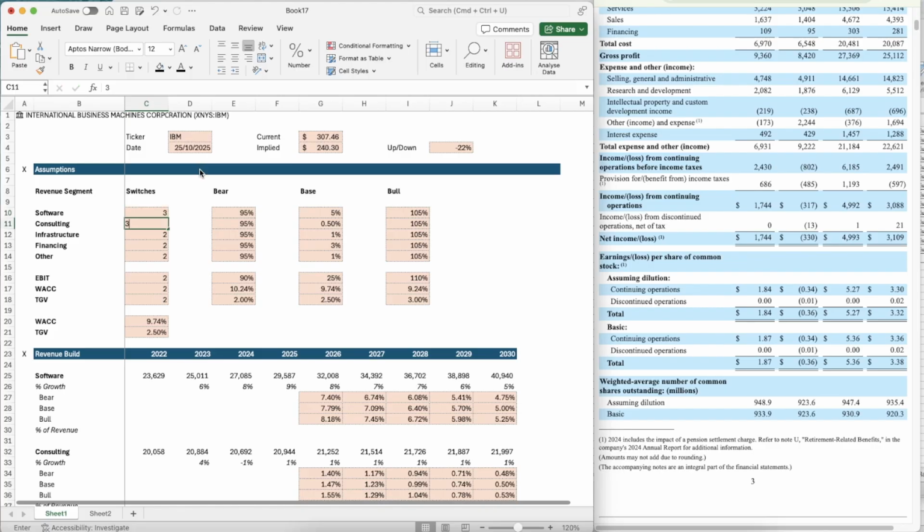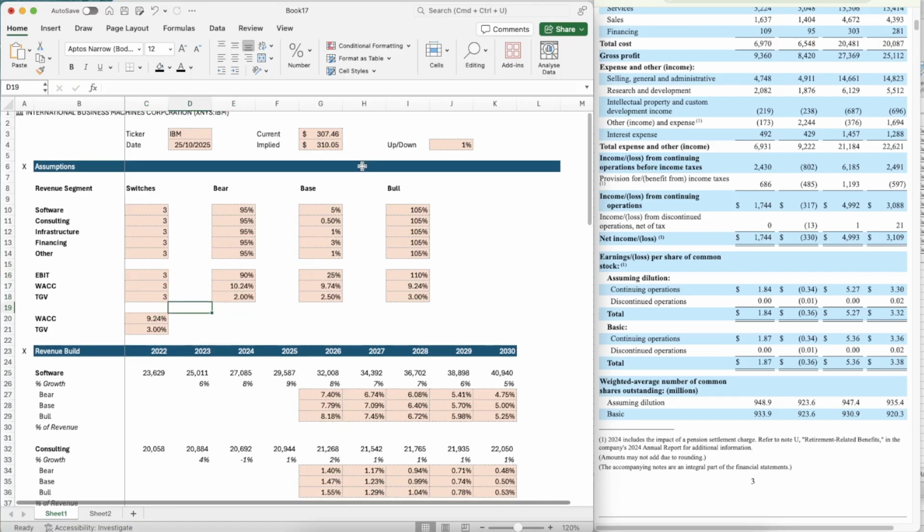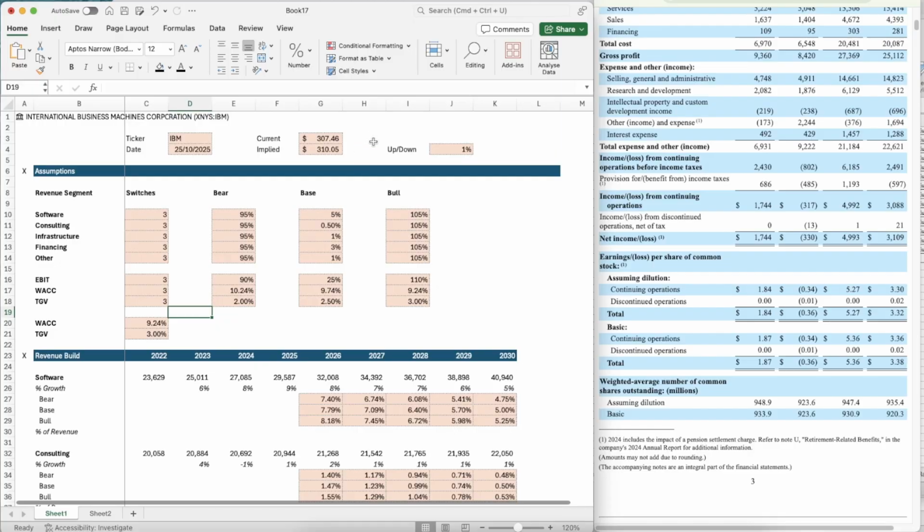If we look at the bull of what we've forecast, change all of these to 3. Let's see what happens. Yeah, so on a bullish scenario, it's valued not actually that far from what we've built here. So I guess people are very optimistic about the company at the moment, but providing all of these targets are hit, then on the bullish case, the company would be valued at that.